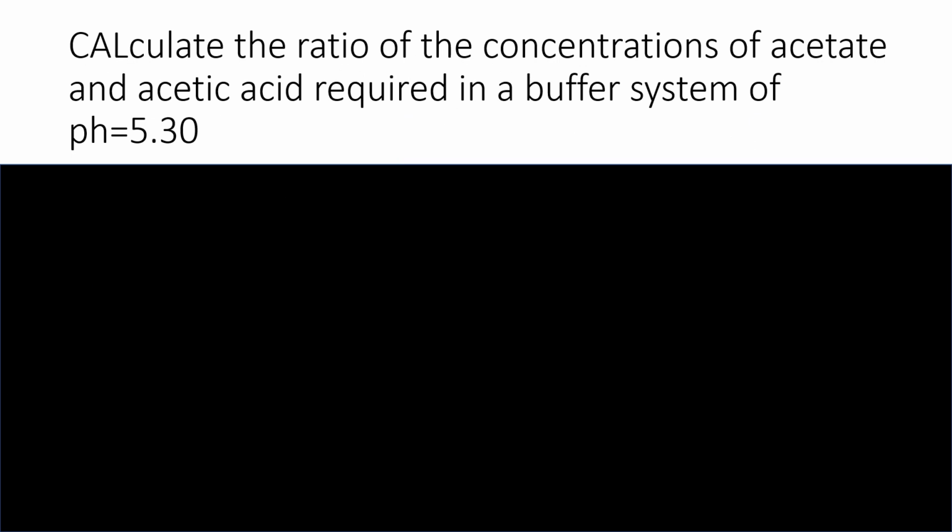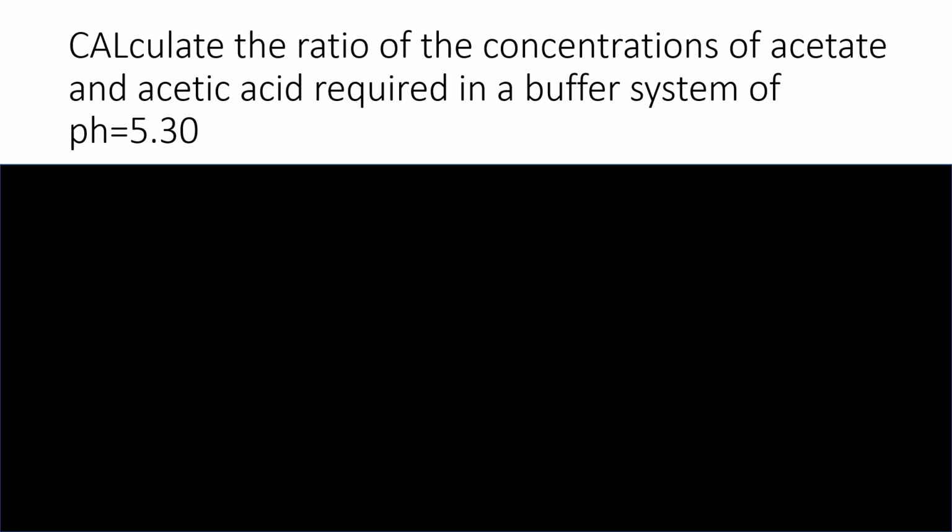So let's have another example where you can relate more, but this is not included in your activities for this unit. So for example, you are tasked to make a buffer. You need to calculate the ratio of the concentrations of acetate and acetic acid required in a buffer system with a pH of 5.30.